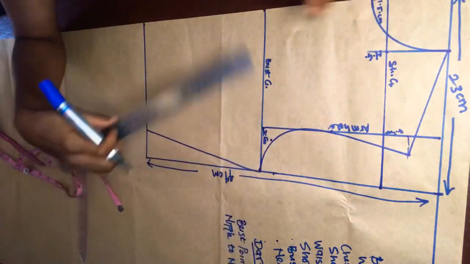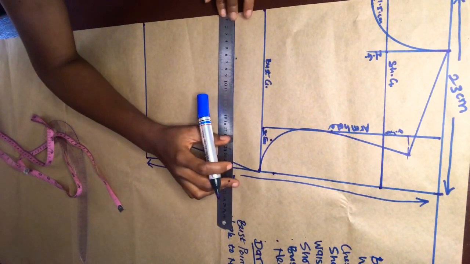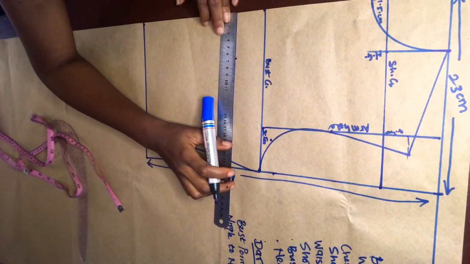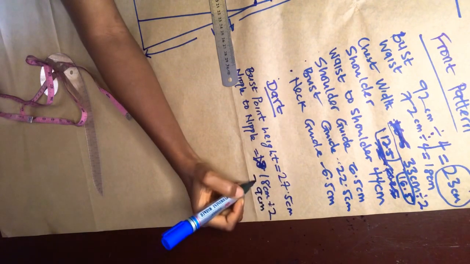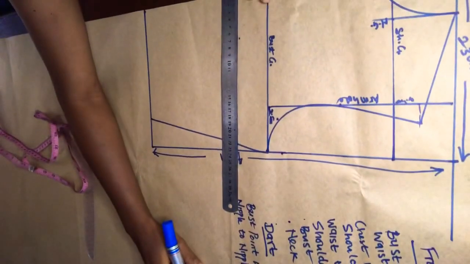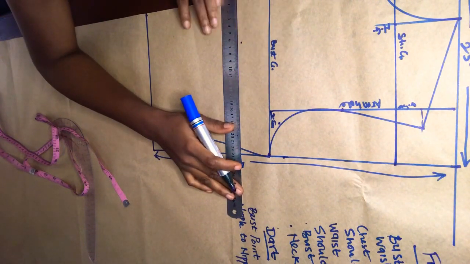Then from the center front, we measure out the nipple to nipple divided by 2. Nipple to nipple point is 18 centimeter, divided by 2 will give us 9 centimeter. So we are going to measure 9 centimeter on the guideline. We have the guide point there.